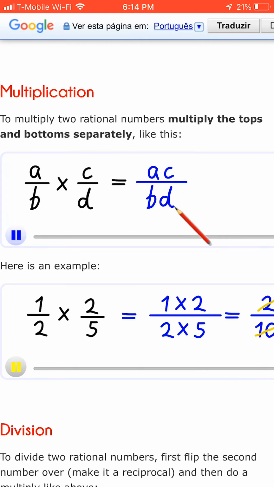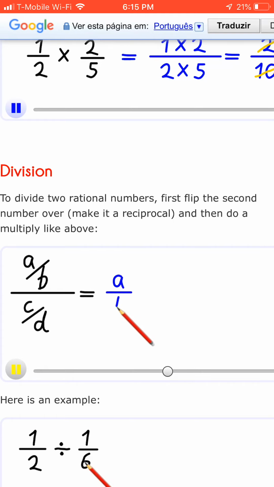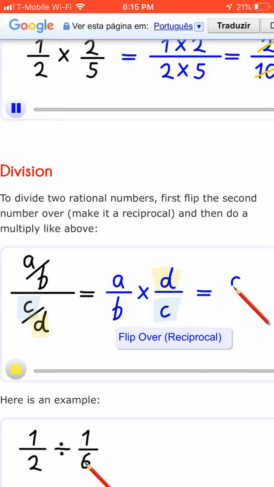To divide two rational numbers, first flip the second number over, make it a reciprocal, and then do a multiply like above. Flip over, reciprocal. Here's an example.